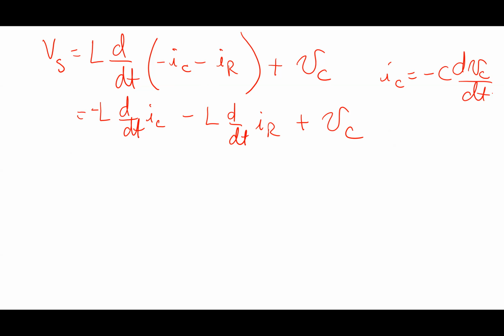When I plug that into the first term, what's going to happen? You get a second derivative. What's going to happen to the negative sign? It's going to cancel. This guy's going to become LC d squared Vc dt squared. Now, I'm not sure quite what to do with the middle term yet.